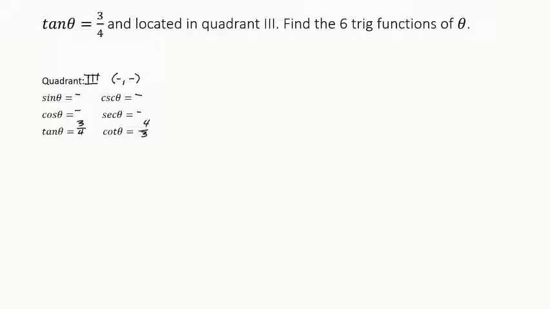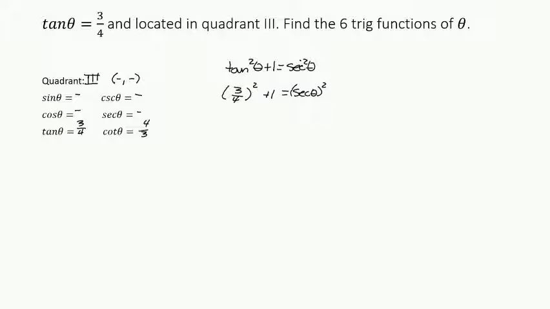So then when we do this, we can take tangent squared theta plus 1 equals secant squared theta. Okay, so we know our tangent, and that's going to be 3/4. So we can take that and square it and add it to 1, and that should give us our secant of theta squared.